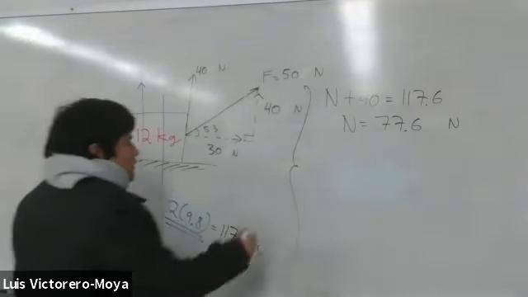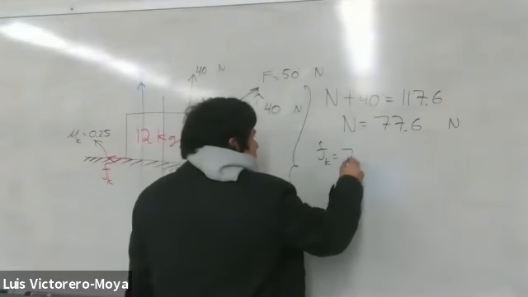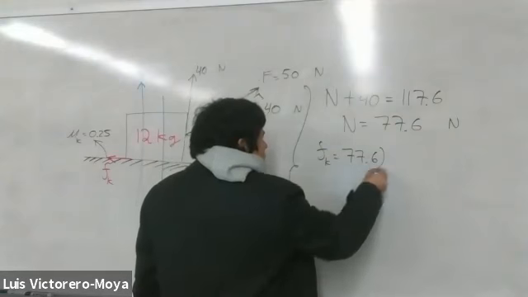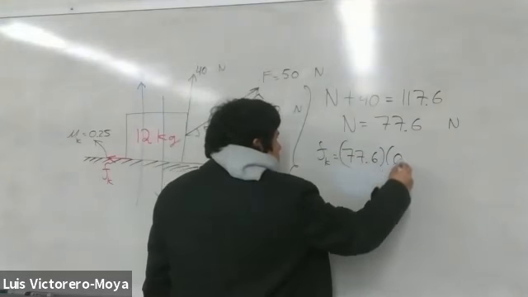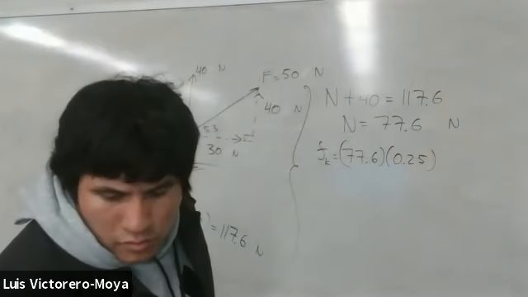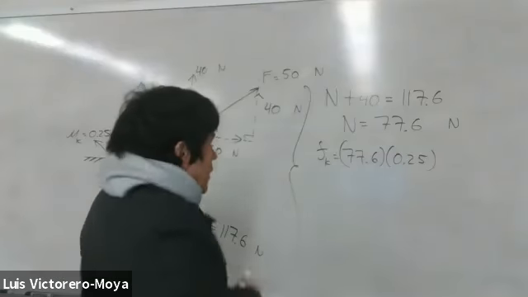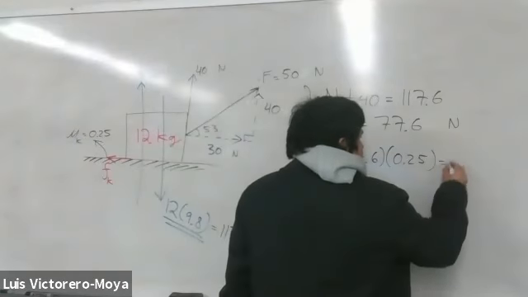So what's my friction then? 77.6 times 0.25. I get 19.